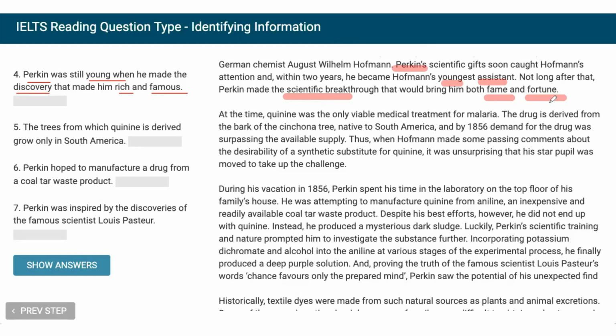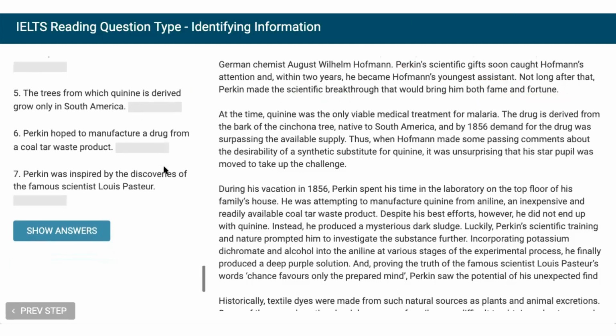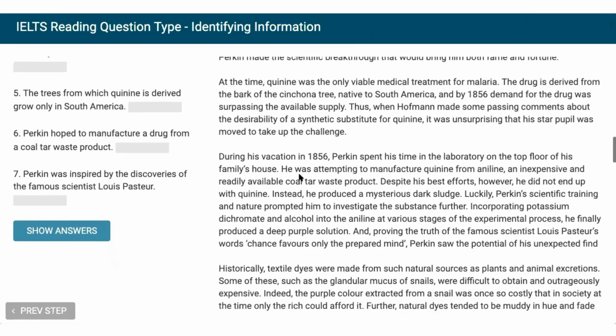And if you remember from our keyword step 1, we did say that fame and fortune could have been good keywords for rich and famous. So this does back up the statement in number 4, and I would say that number 4 is true. Let's move on. We'll scroll down. You see, with the prep and the keywords, it kind of just flies by.